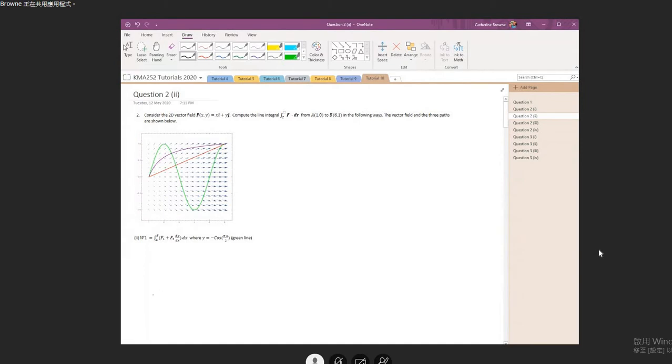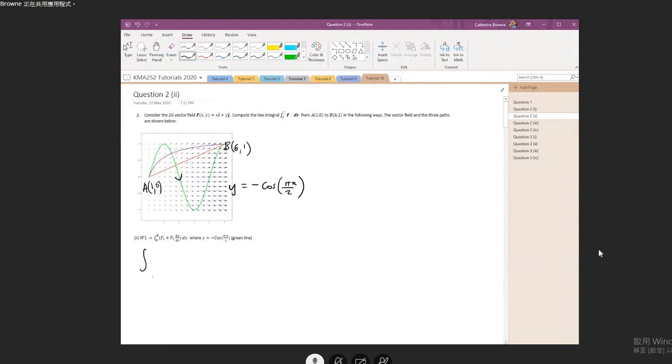So for this one, this is this green line here. So again, my A is here. I'm going in this direction here. And y is equal to minus cos(pi x on 2).